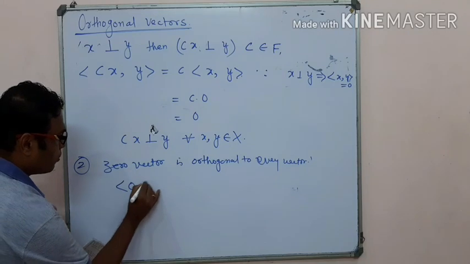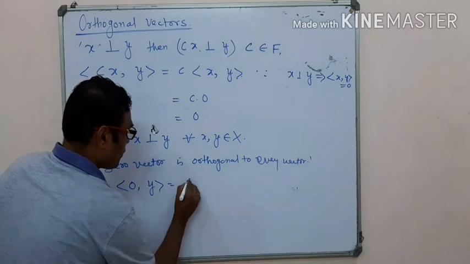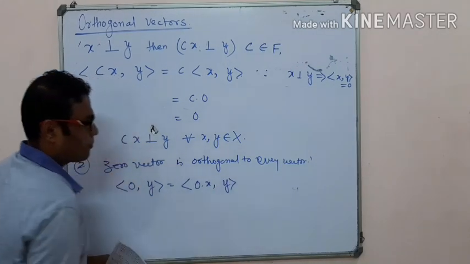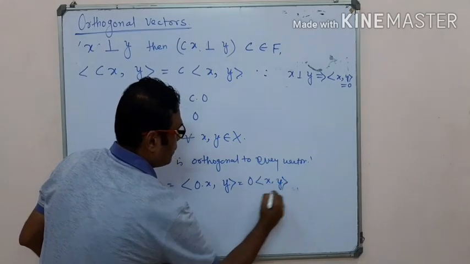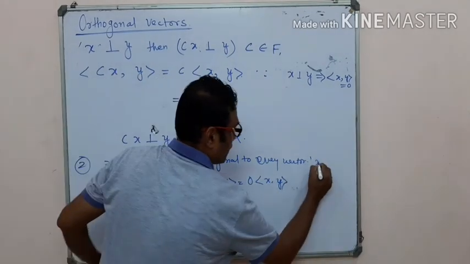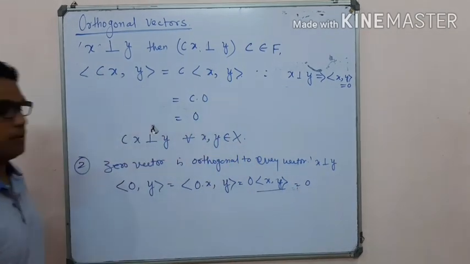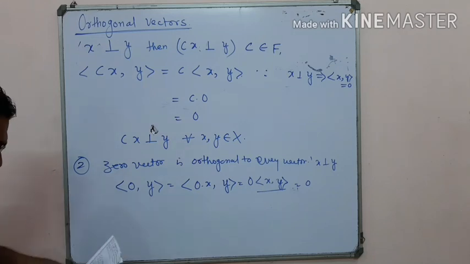That is, you can take the inner product of 0 comma y, which is equal to 0 times x, where x is any arbitrary element. Then this is 0 into the inner product of x and y. We assume that x is perpendicular to y, so it becomes 0. So 0 is orthogonal to every vector.